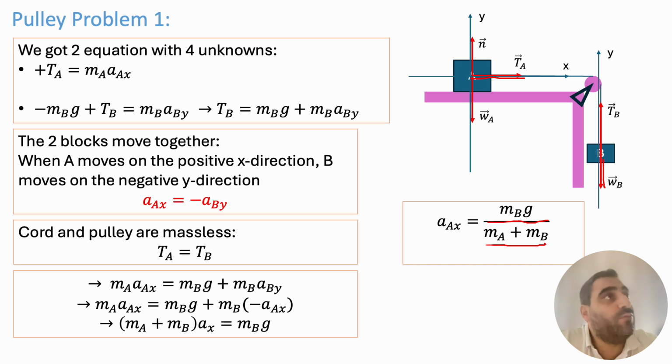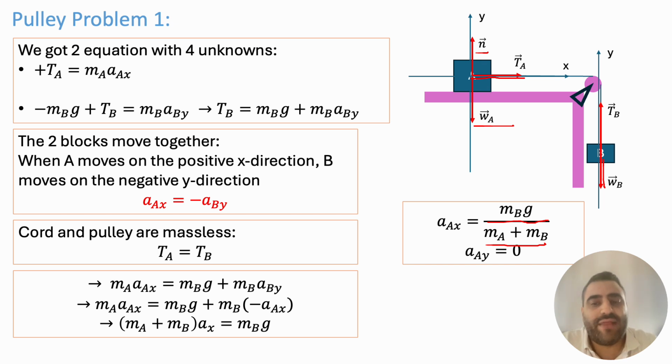Because the masses are moving together, I have to divide by the total inertia. Of course, now tensions are not going to show up in this final equation because now they are internal forces in the whole system. The weight of A, when we did the projection on the y-axis, it cancelled out with the normal reaction. So that makes sense.